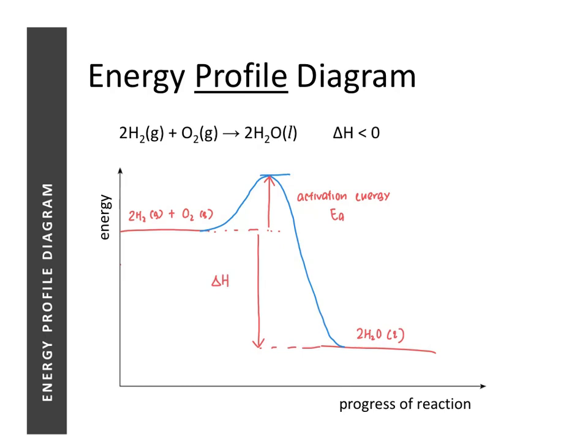It represents the minimum energy that your reactants must have before a reaction can occur. What happens if your reactants do not have that amount of energy? When they collide, they don't actually undergo any reaction. Once again, activation energy is the energy between the level of your reactants to the highest energy level in the diagram.